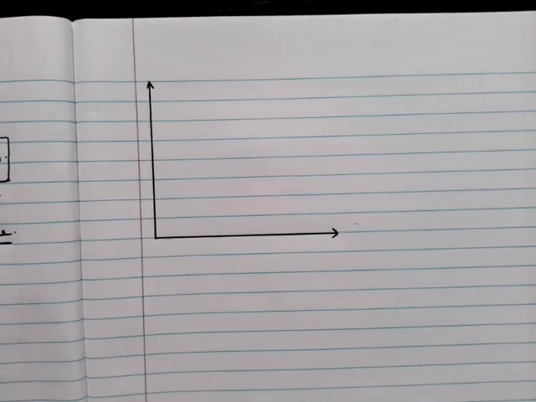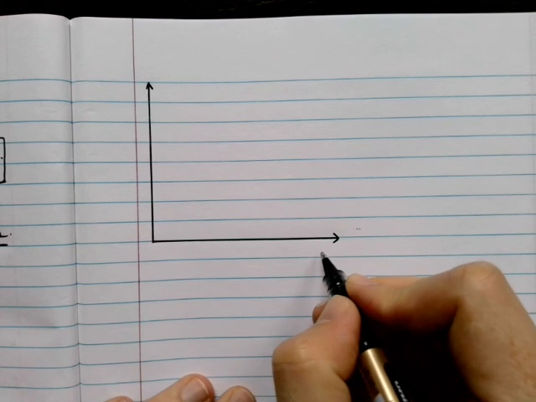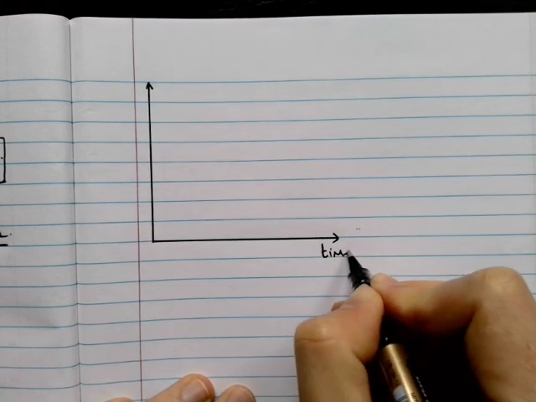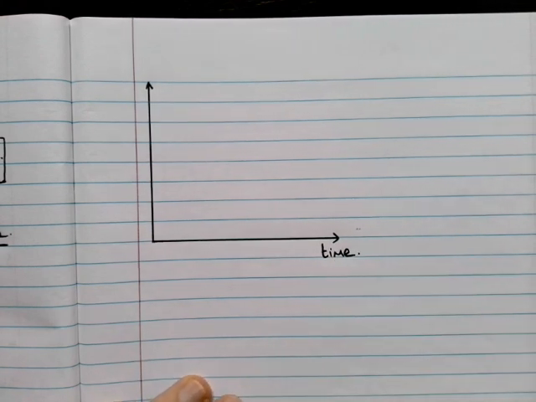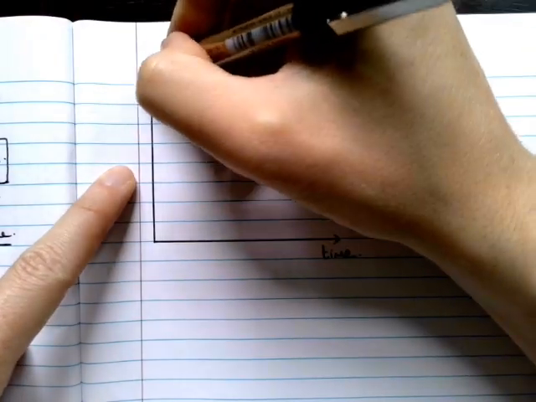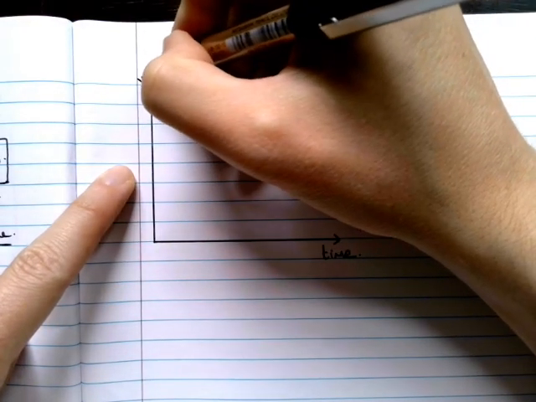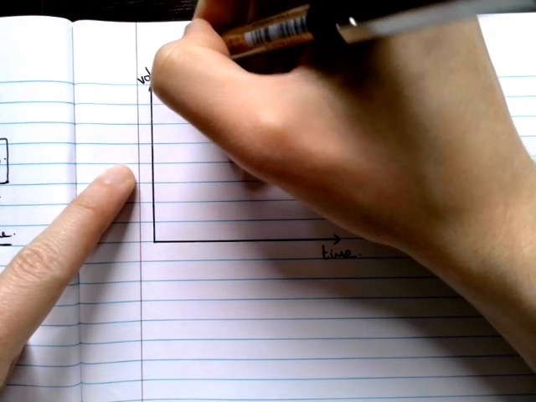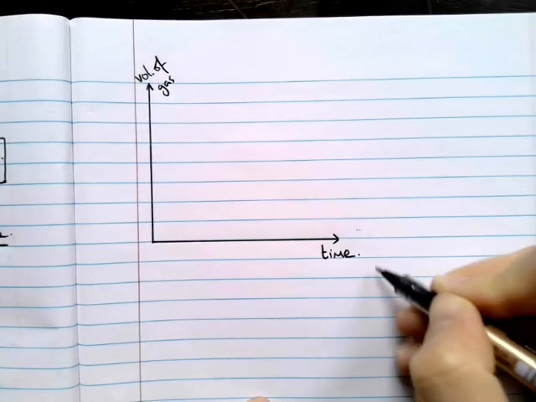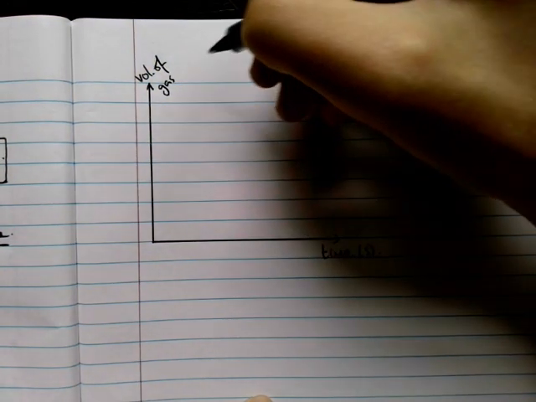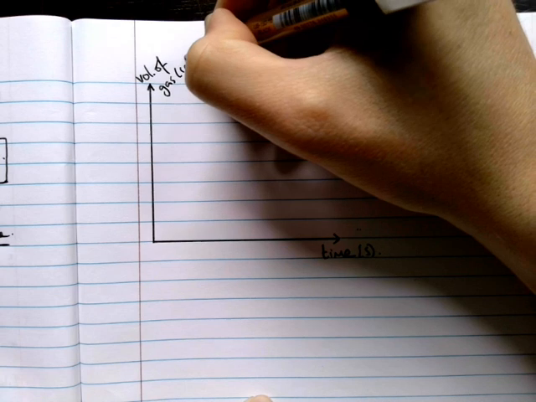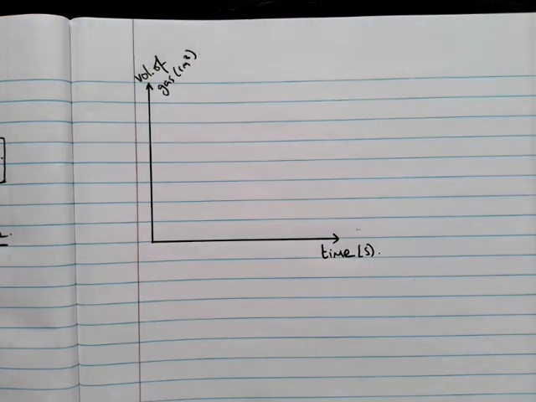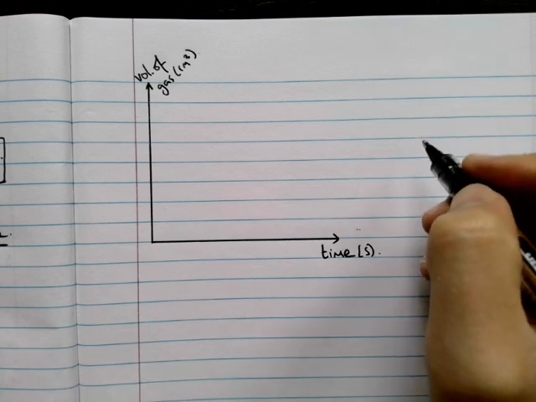On the horizontal axis, we'll have the time, and on the vertical axis, we will have the volume of gas. The time will likely be in seconds, and the volume of gas will be in centimeters cubed.